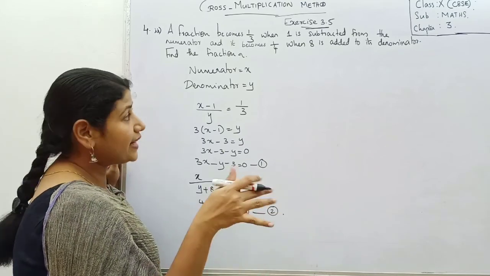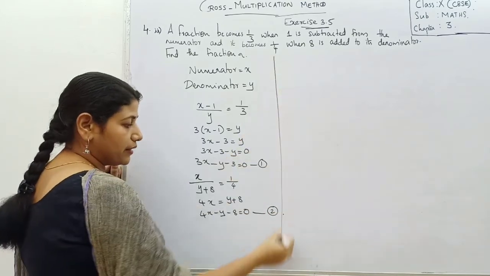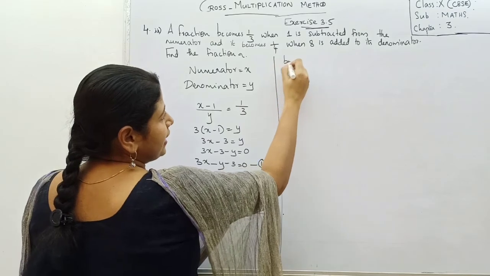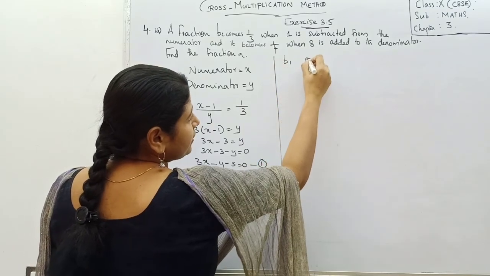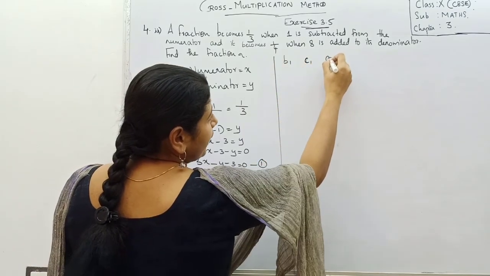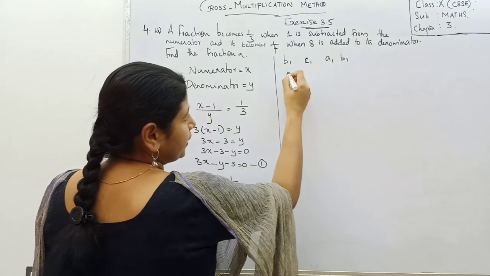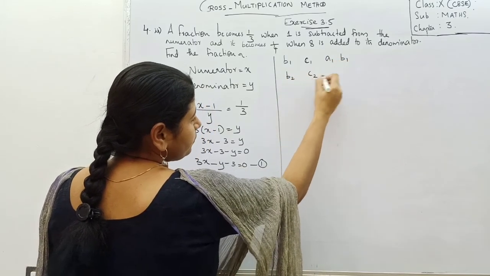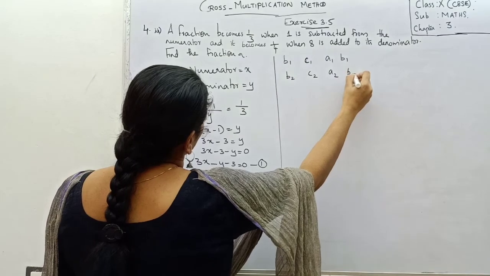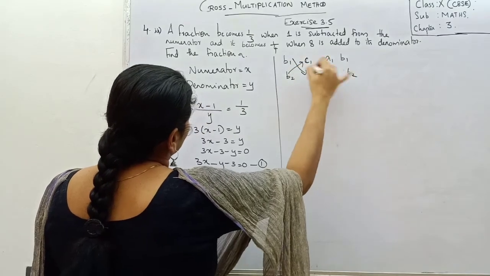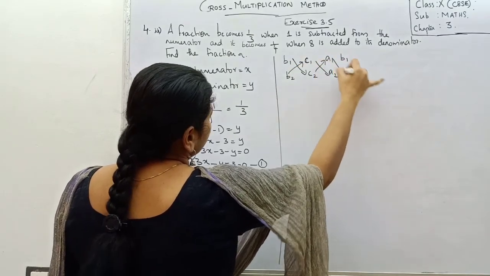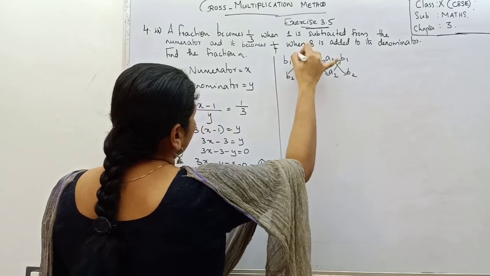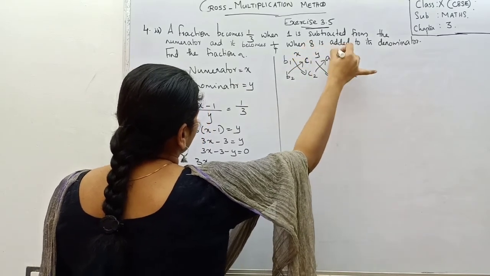We have already studied how to do the cross multiplication method, which is like this: b1, c1, a1, b1, and here b2, c2, a2, b2. Just cross multiply. You have to write here x, here y, and here 1.